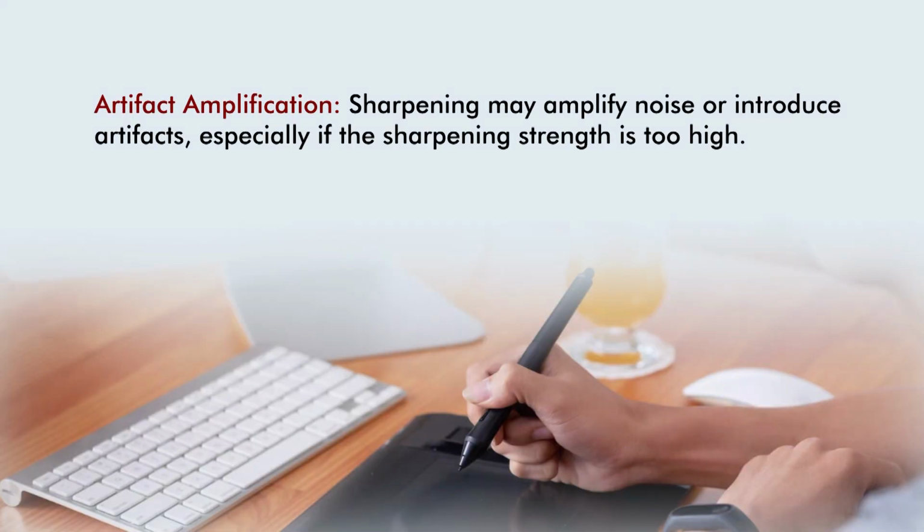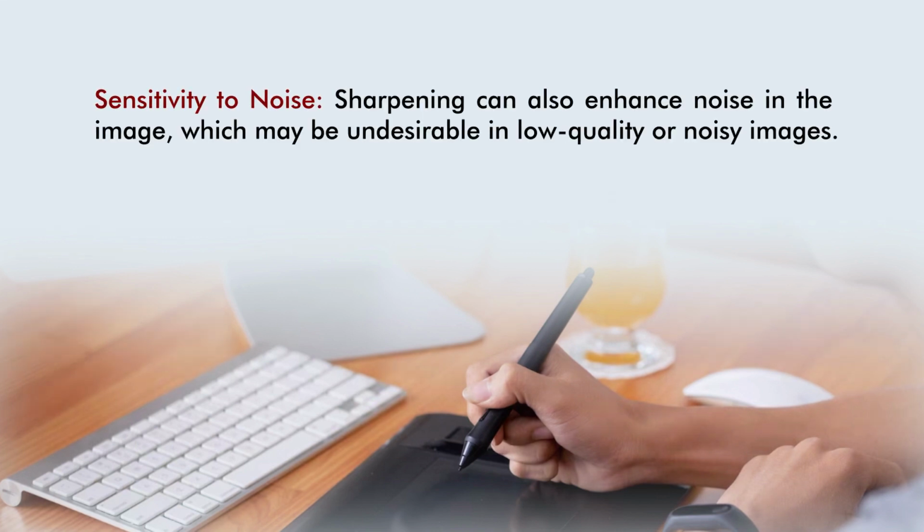Sharpening may amplify noise or introduce artifacts, especially if the sharpening strength is too high. Then the sensitivity to noise. Sharpening can also enhance noise in the image, which may be undesirable, in low quality or noisy images.